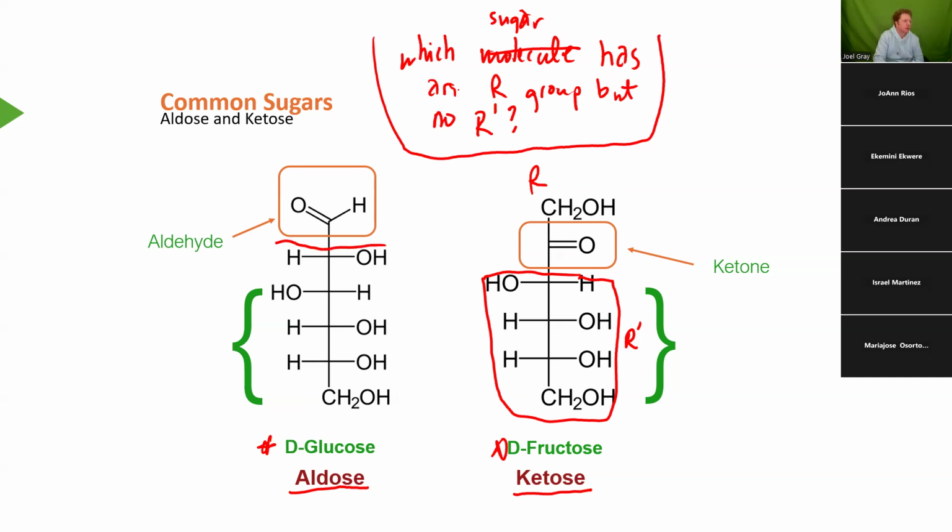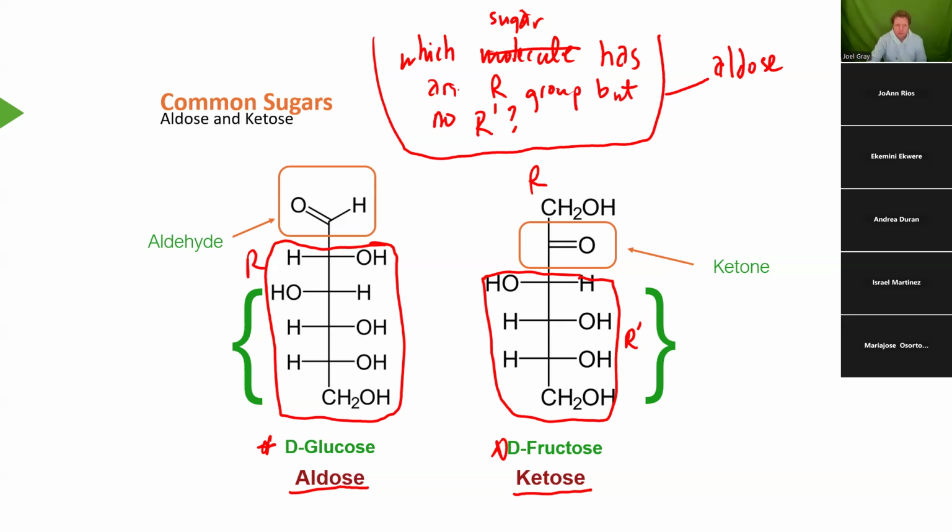Well, this whole thing down here, we could indicate that as an R because it's a carbon-based chain. So our answer to this question would be an aldose. Whereas if the question was which sugar has both an R group and an R prime, then your answer would be a ketose.